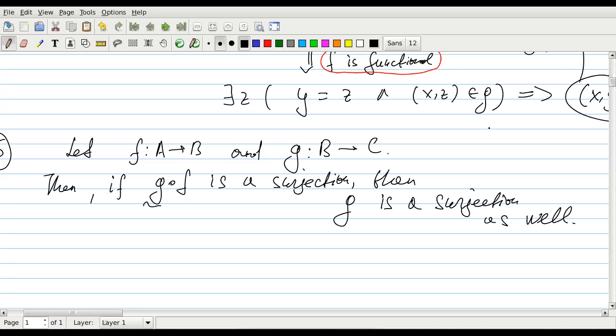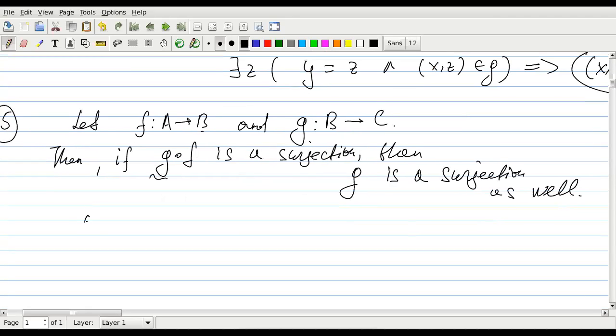So every relation is surjective for its range by the definition of the range. The main idea is that our function is surjective for this fixed B. So what is a surjection? A surjection from A to B is a function from A to B which is surjective for B.